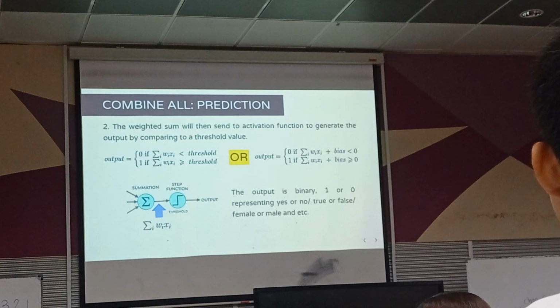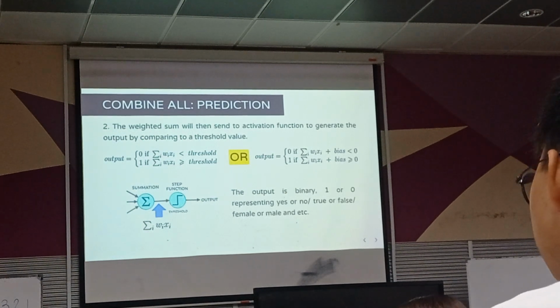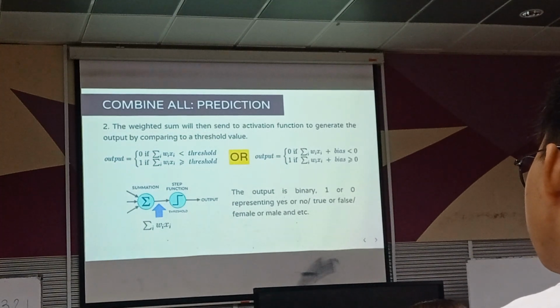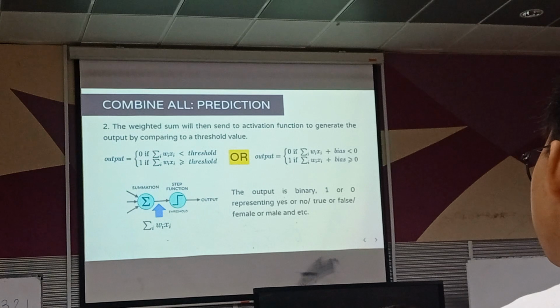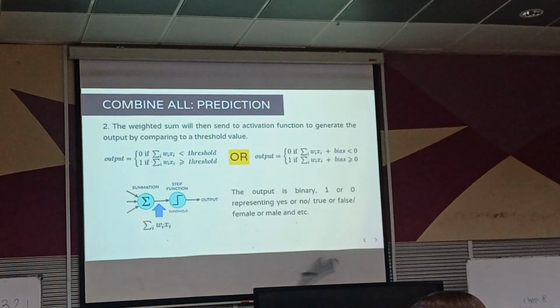So what is the bias? It's actually a value that helps you to adjust your predicted y to be close to the actual y. Let's say your actual output is like something like this, and the predicted value that you obtain is something like this. So you have some offset here. We want to reduce the offset between the actual and the predicted, so we assign a bias, some threshold.